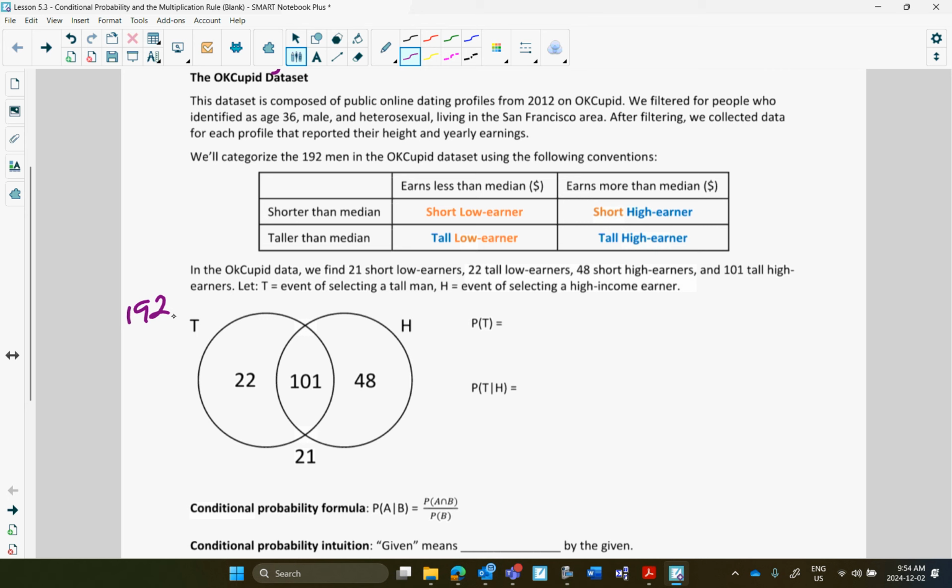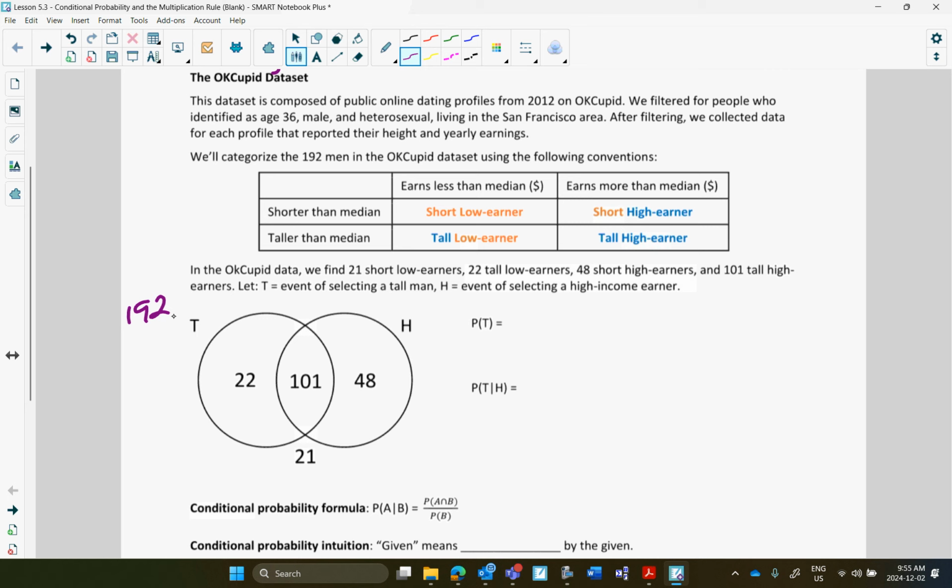What's the probability of selecting a tall man and high income earner? 101 out of 192, right? Because it's the intersection. They have to be both. So you can see all the questions you could be asked.